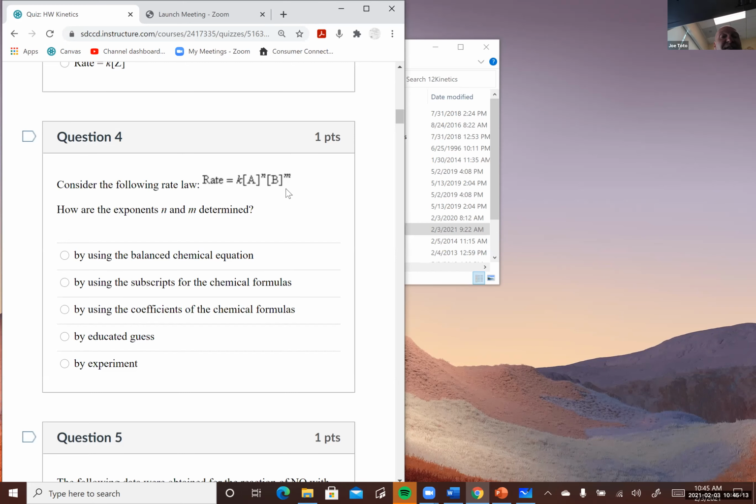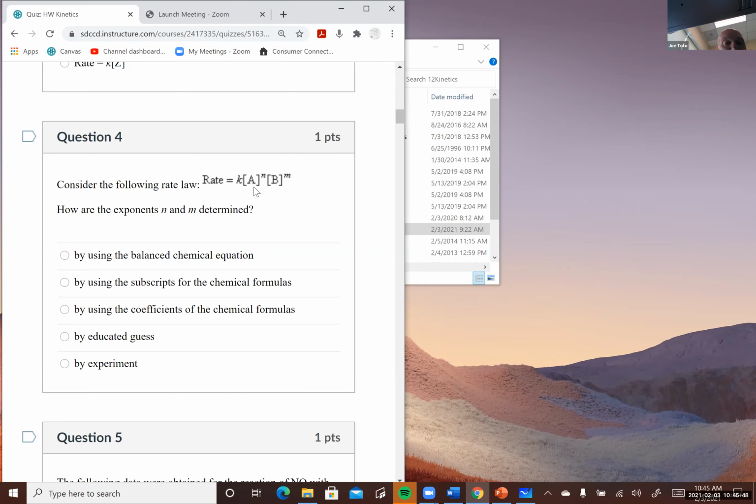By experiments and the concentrations that you set and relate to what the rate is in that experiment. That's the only way to determine k, n, and m from experimental data. You can't look at the stoichiometric coefficients in a balanced chemical reaction to determine n and m, or the power dependencies of concentration of the reactants on the rate. You need experimental data.